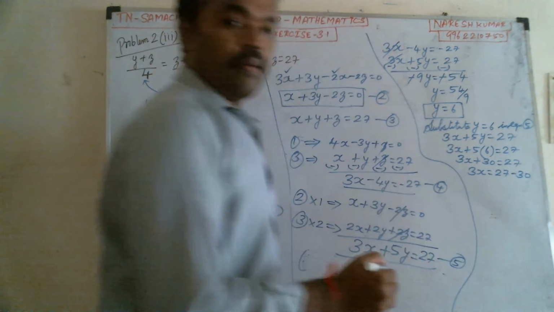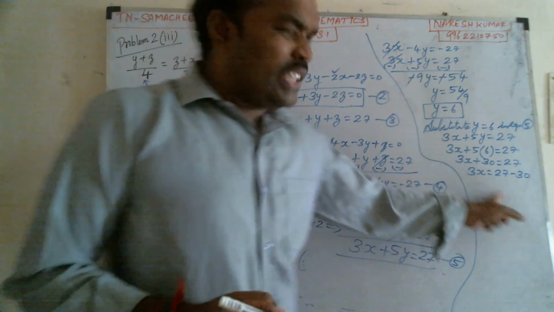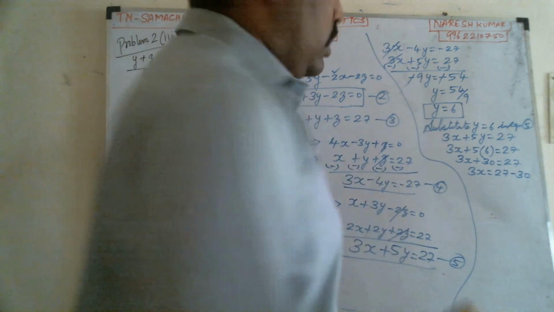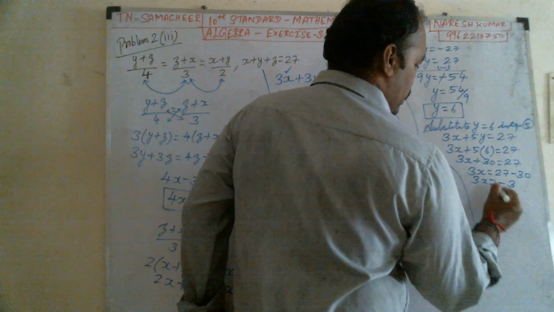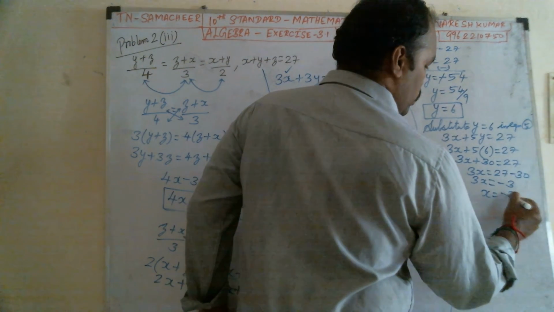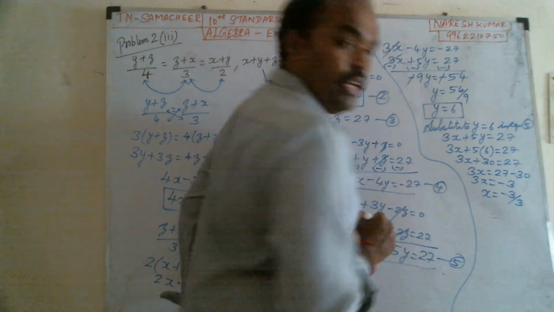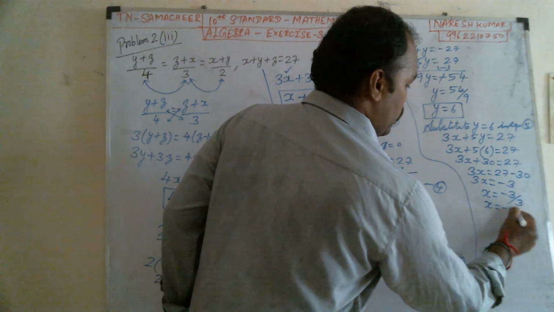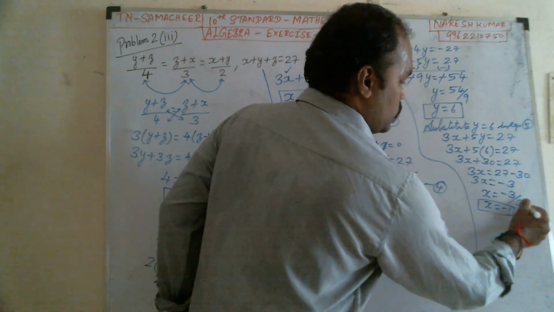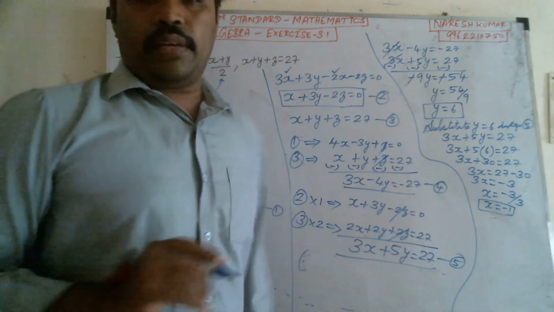Then 27 minus 30 is how much? It is minus 3. So x equal to minus 3 divided by 3, x equal to minus 1. See, minus 1 into 3 is minus 3.